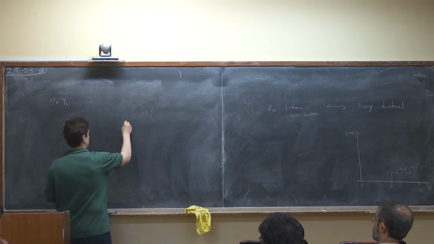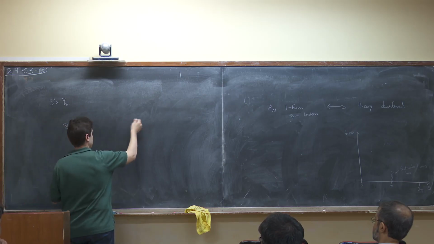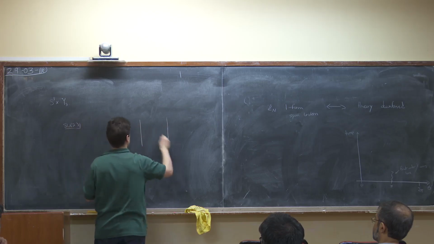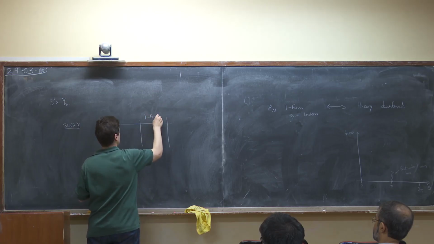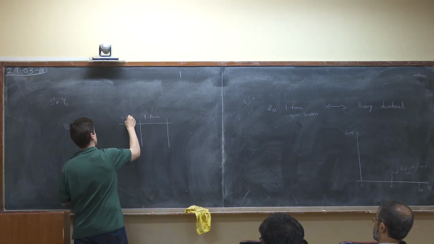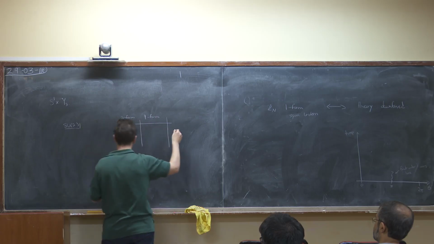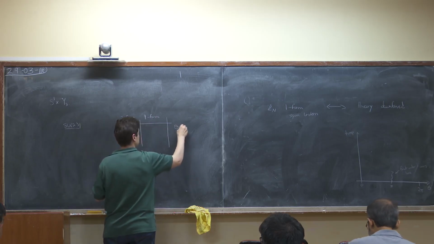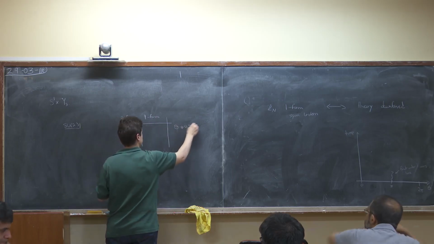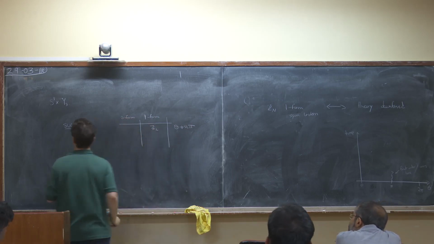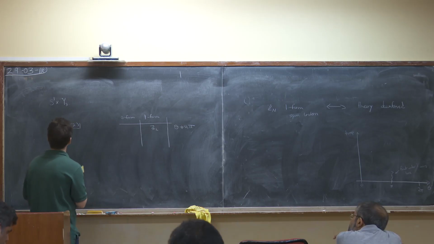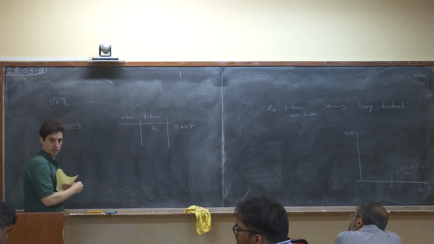Much of the discussion will carry over, but let me just do SU(2) for simplicity. We're going to look at the effective 3D theory and try to say what its symmetries are.